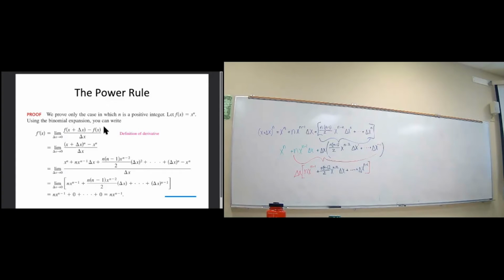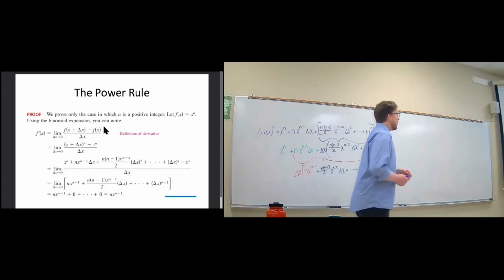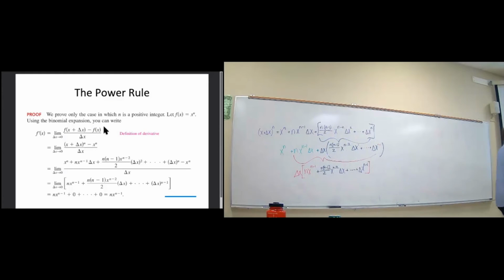So the only term that doesn't go to 0 is this n times x to the n minus 1. So what that means then is that the derivative of x to the n is equal to n times x to the n minus 1.